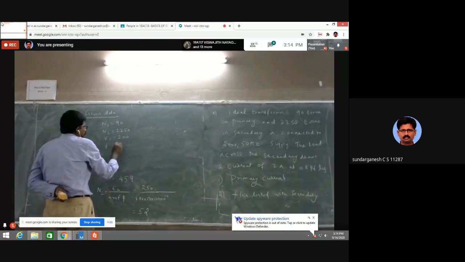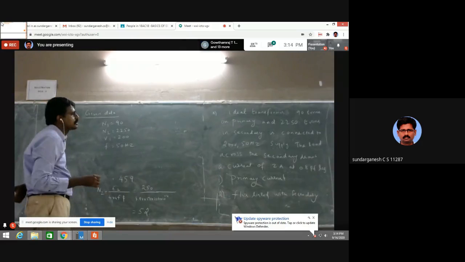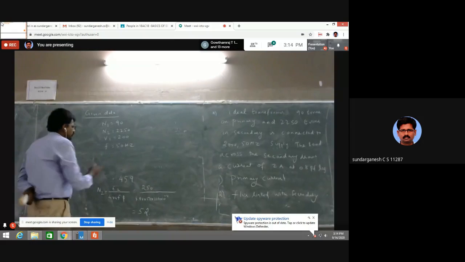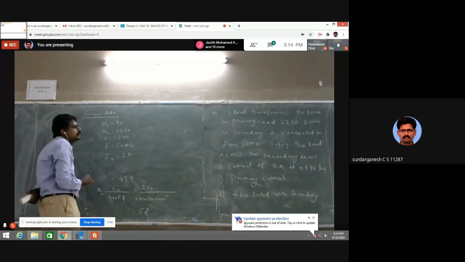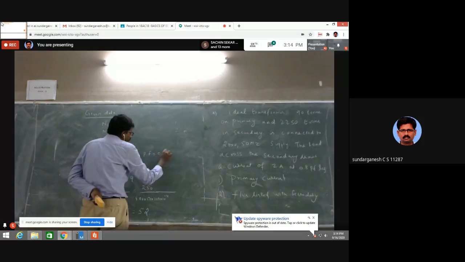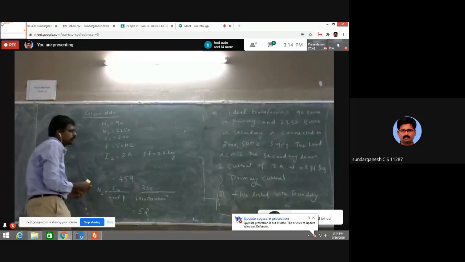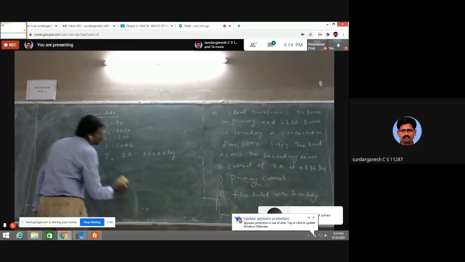The load is I2 equal to 2 amps, power factor 0.8 lag. So these are the given data. You have to find the primary current and the flux linked with the secondary.